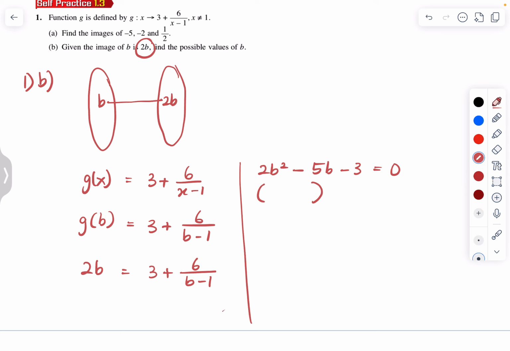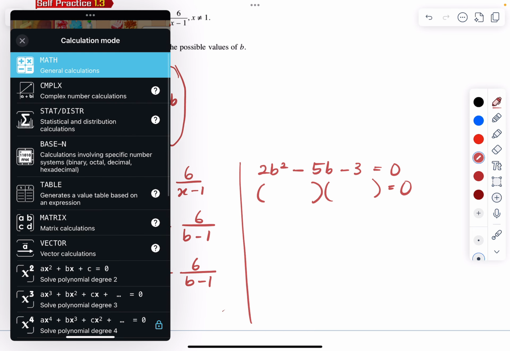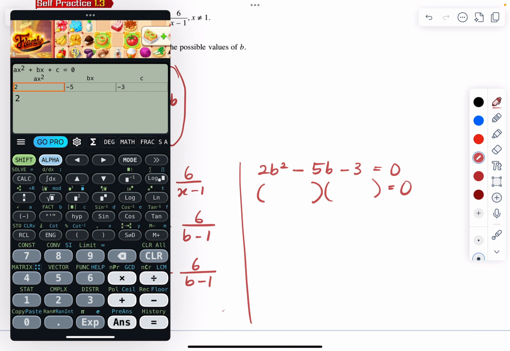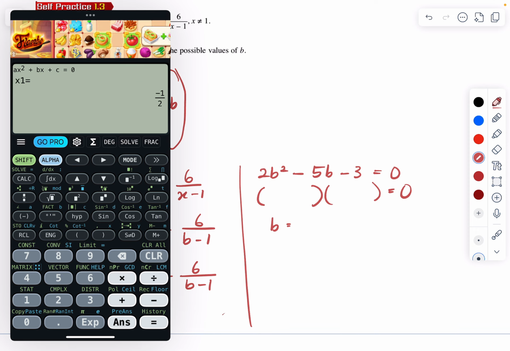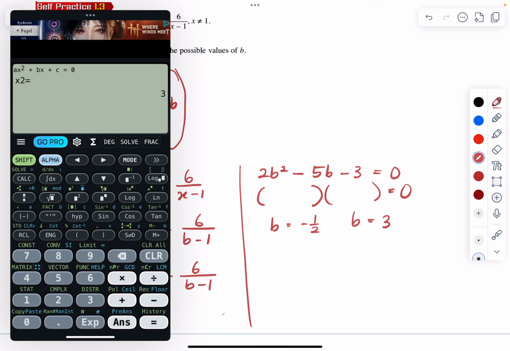To factorize this, you can use the help of your calculator. Go to mode, polynomial, 2, -5, -3. So we get b is -1/2 and b is 3. You have to put it back into the bracket.